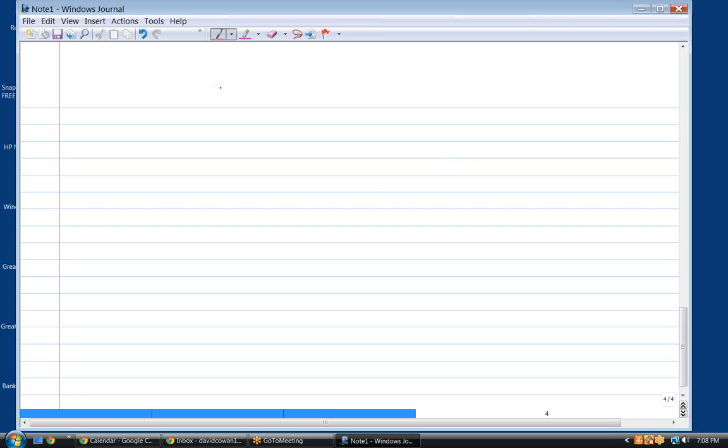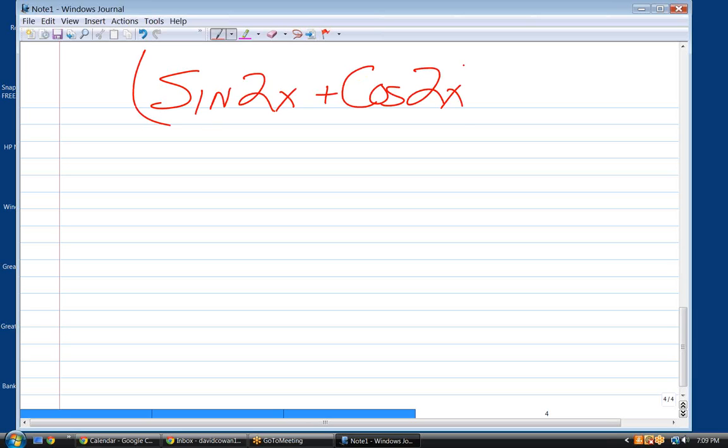All right. Sine 2x plus cosine 2x, all of that squared, equals 1. And same thing, just solve. Okay. Yes. Well, let's square it.